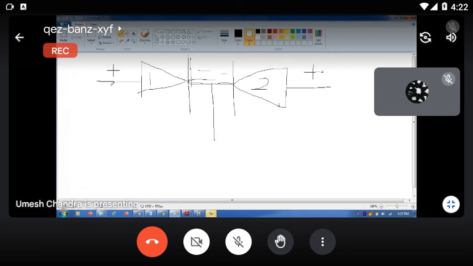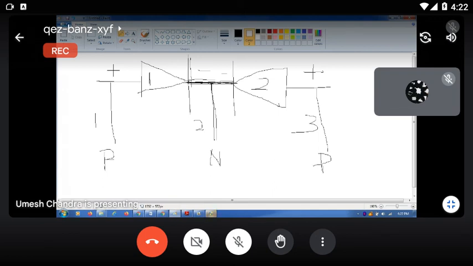Now write the three terminals, number 1, 2 and 3. The first one is positive P, the middle portion is negative N, and the last one is positive P. This is a PNP transistor.